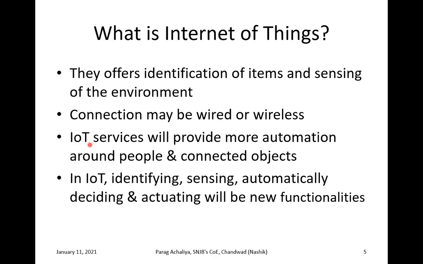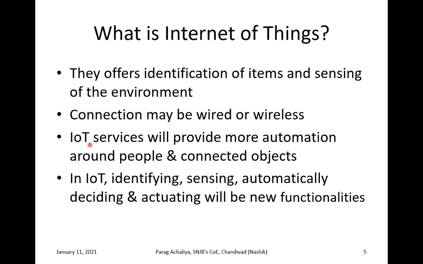Remember this. In IoT, what exactly is happening? IoT is going to support 5 functionalities. It is going to identify, it is going to sense, it is going to automatically decide and it is going to actuate things. Identifying means you are going to identify what exactly the thing is.